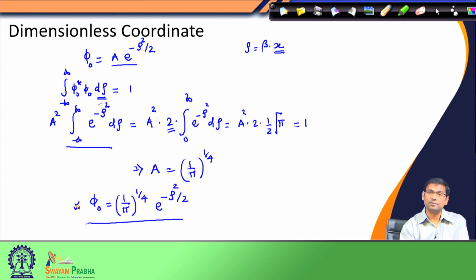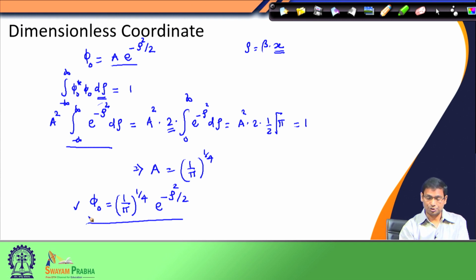Not only the simplicity of the functional form, it also provides us a bit more clarity in the harmonic oscillator problem when we change from one system to another, because this rho is not system dependent, since it is already a dimensionless coordinate. The advantage of using this we would discuss in some detail in a future class. So, this is now the form of the lowest eigenfunction of the harmonic oscillator in dimensionless coordinate.